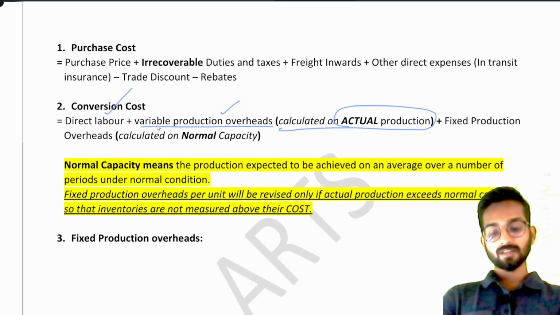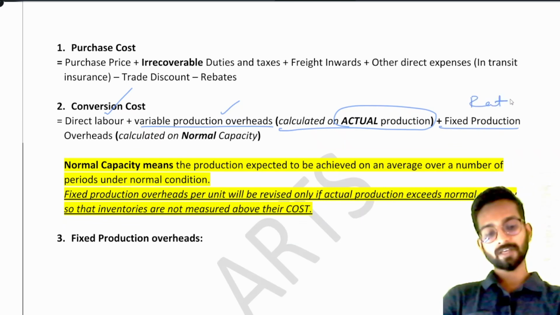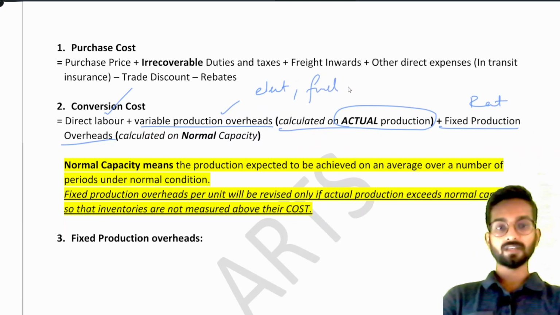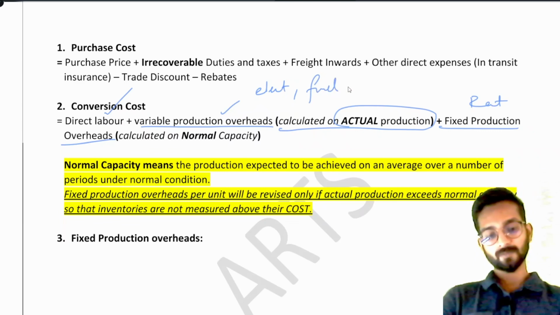Rent of your factory will be fixed production overhead. Overhead means charges only, the cost. Variable production overhead can be the electricity expenses or the fuel you put in your machinery, that is also variable expenses. Fixed production overheads will be calculated on normal capacity.